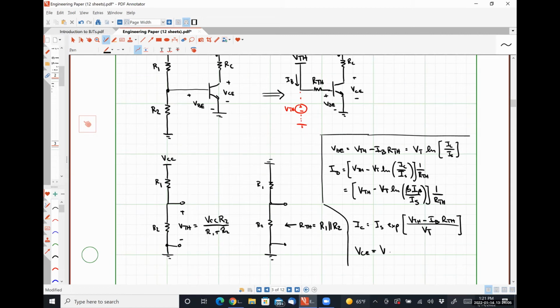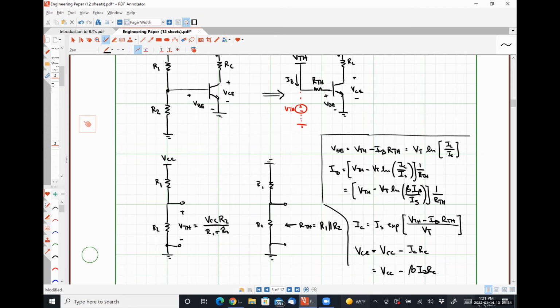VCE will be equal to VCC minus ICRC, or VCC minus beta IBRC. So we should have enough information here to figure out literally any of those quantities that we want.